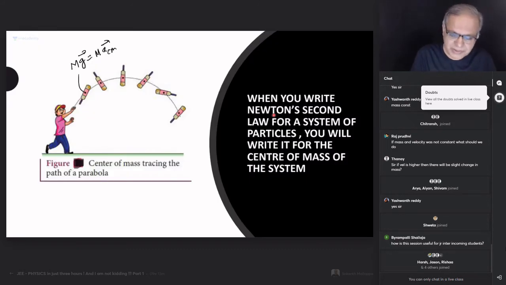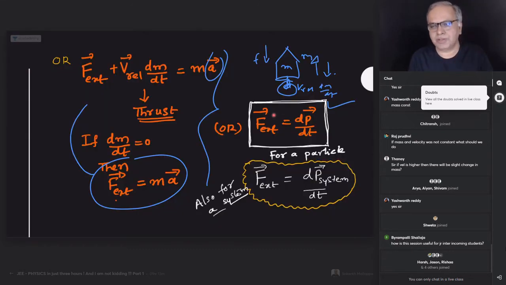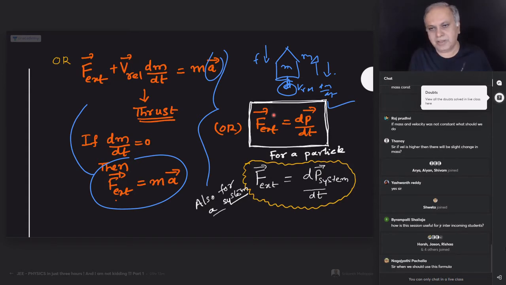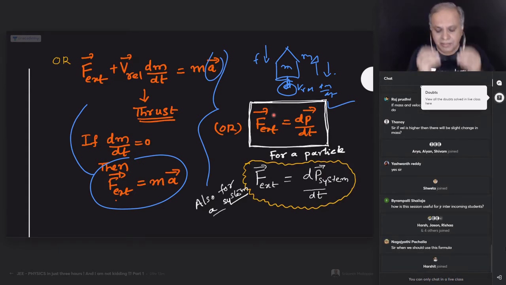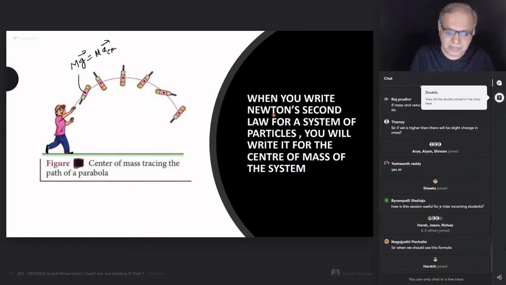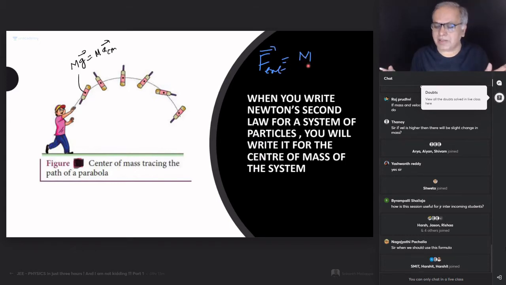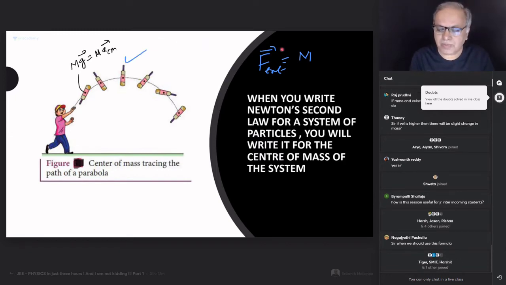but remember, this F equals ma was written for a particle by Newton. Newton actually gave it for a particle, but people extended it later for a system. Now you know that when you write F external equals ma, you're actually writing even for a system of particles, but in that case, F external equals mass of the whole system, there may be many particles, disjointed particles, not like a bat alone, into what we call ACM, acceleration of center of mass.